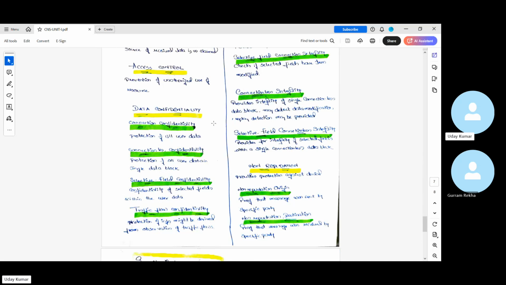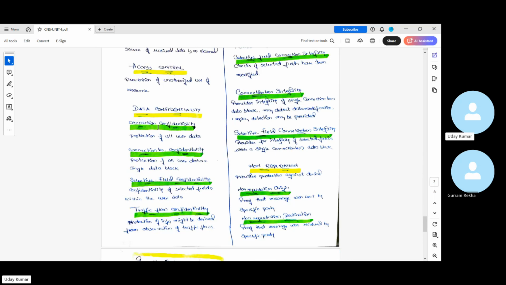Data confidentiality: connection confidentiality is protection of all the user data. Connectionless confidentiality is protection of all user data in a single data block. Why am I saying a single data block? There is connection-oriented and there is connectionless, students. Connection-oriented means you establish a connection between the sender and the receiver, and all the data gets transmitted.